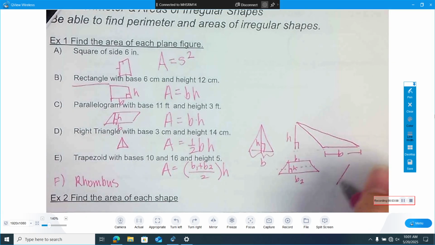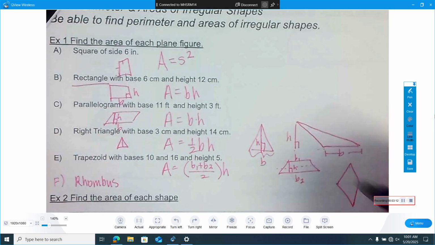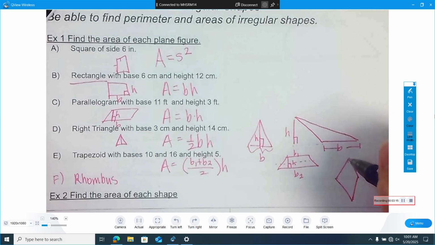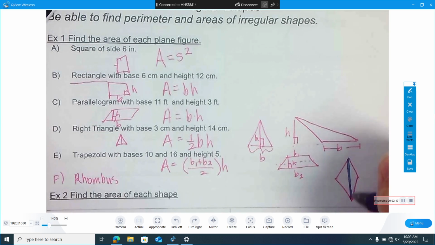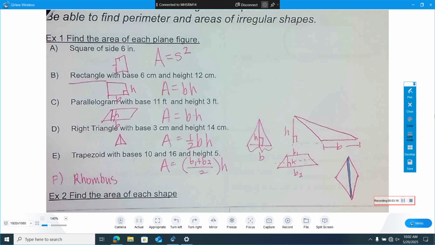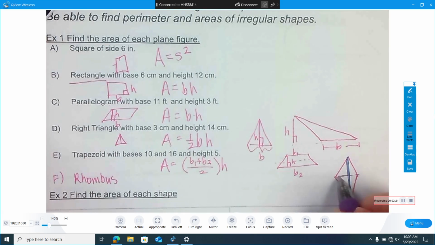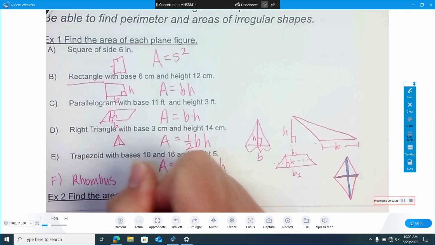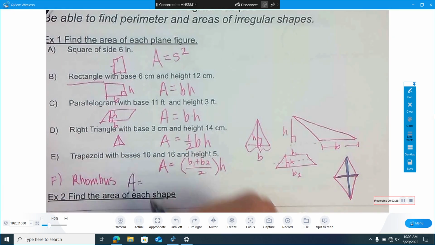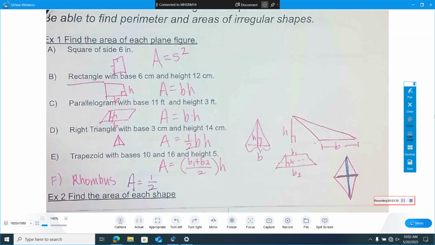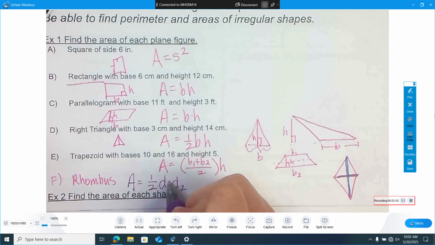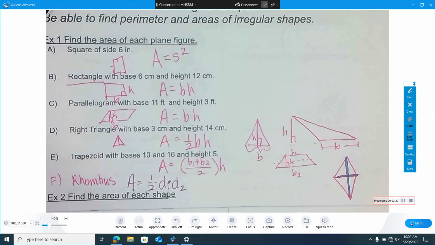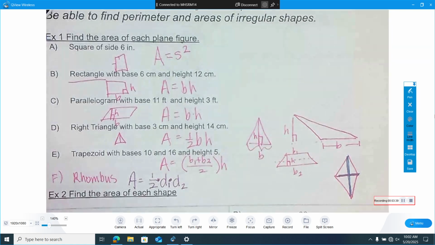And a rhombus was that sort of crazy kite shape. For the rhombus, we can look at the diagonals. What was the formula for the area of a rhombus, from yesterday? 1/2 times D1 times D2, diagonal 1 times diagonal 2.